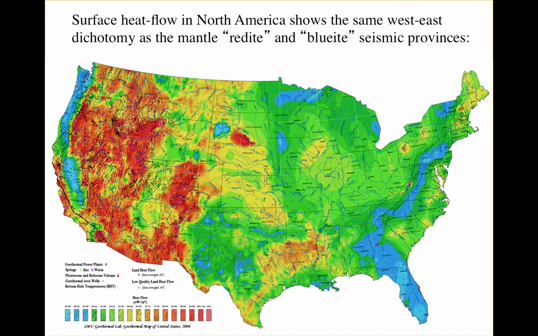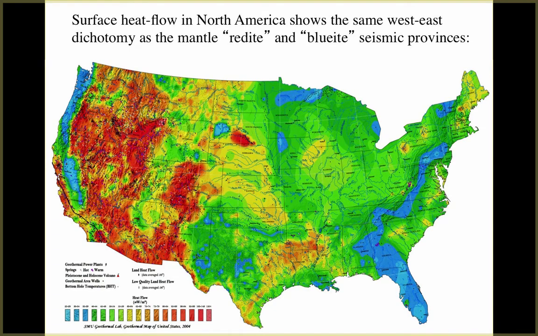The same contrast between western and eastern US that we can see in mantle seismic wave speed is also present when we try to measure the heat flow at the Earth's surface. In the western US, we see these red patterns, very high heat flow, maybe 100, even 150 milliwatts per meter squared.